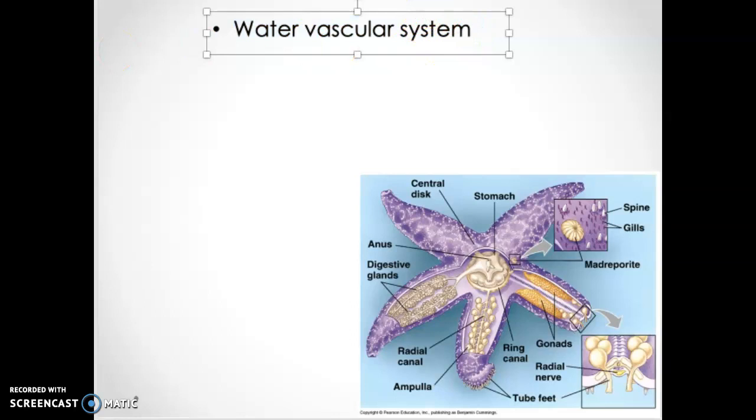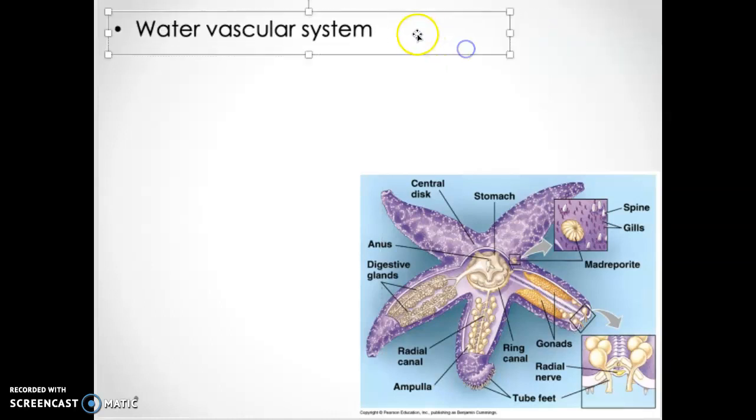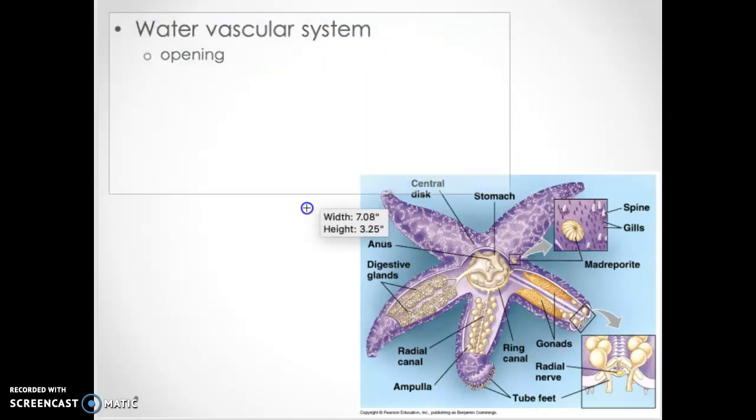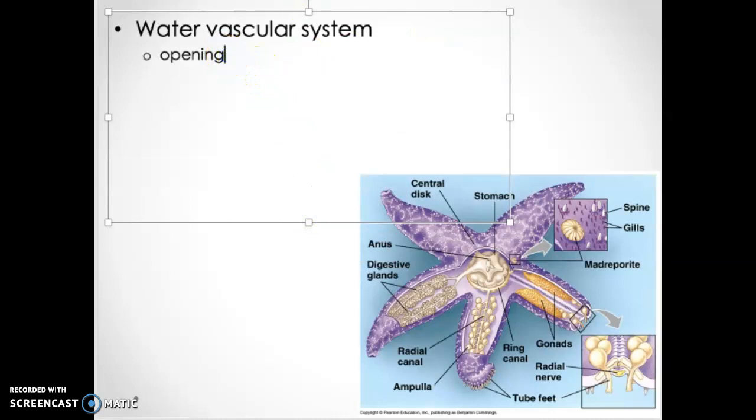The way this works is they have a structure that allows water to come into the system. So they have an opening. In the starfish we have here, it's known as the madreporite. Say it like you're Spanish. It's actually Italian or Latin. That is the opening that the water goes into.